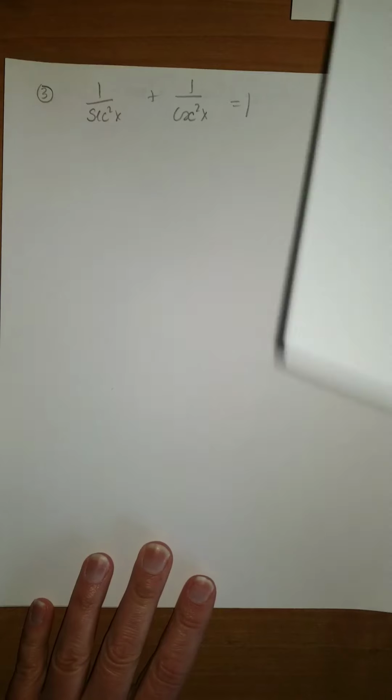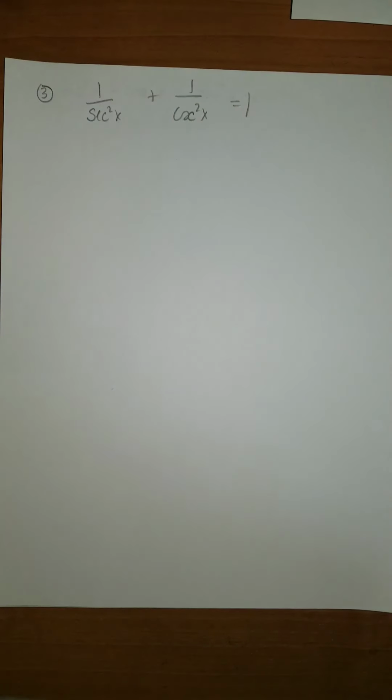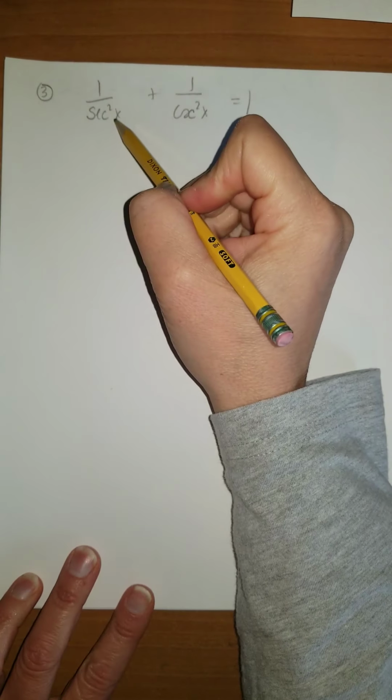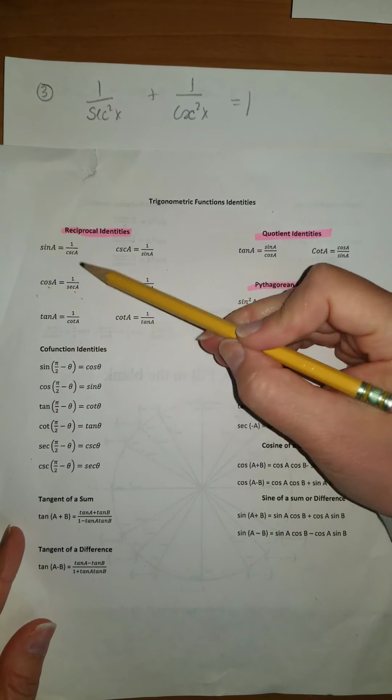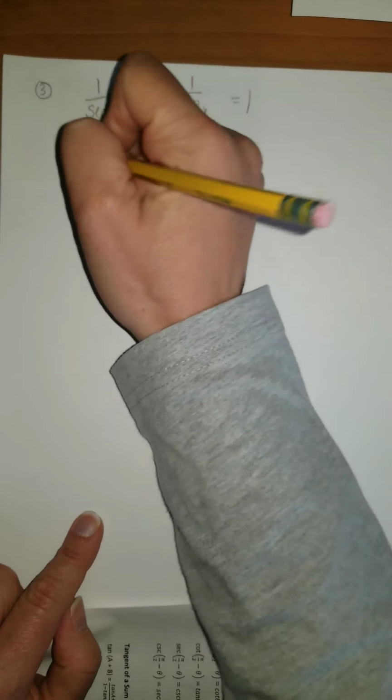All right, that brings me to number 3. The third one: I got 1 over the secant squared of x plus 1 over the cosecant squared of x equals 1. Let's change everything to sines and cosines. So what's 1 over the secant squared? 1 over the secant is the cosine, so 1 over the secant squared would be the cosine squared.